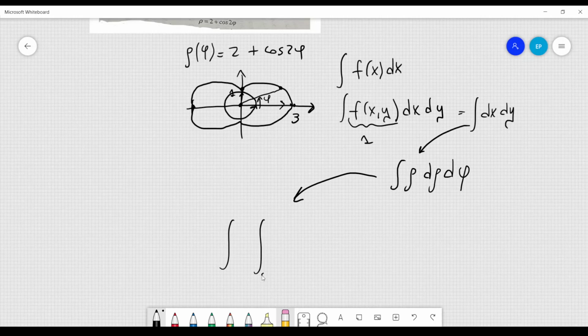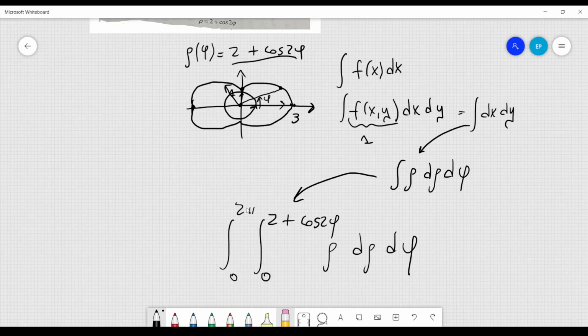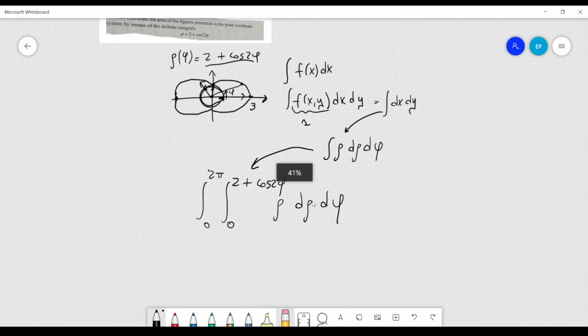We have to integrate from the origin 0 to the curve, which is given by 2 plus cosine of 2 phi, rho d rho d phi, and phi is an angle which ranges from 0 to 2 pi, because we have to go from here all the way around this curve. So we need to move all along the plane, right?